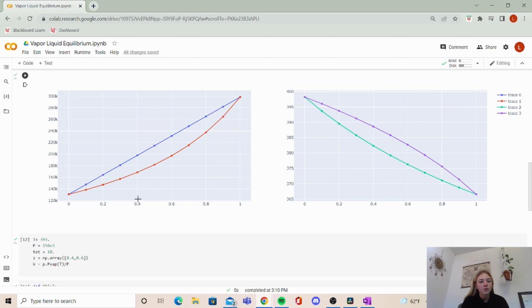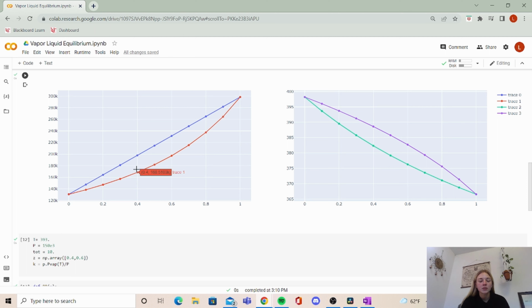If we look at 0.4 and go up to our pressure of 150,000, we can see that it's falling underneath that red line, which was our dew pressure line.